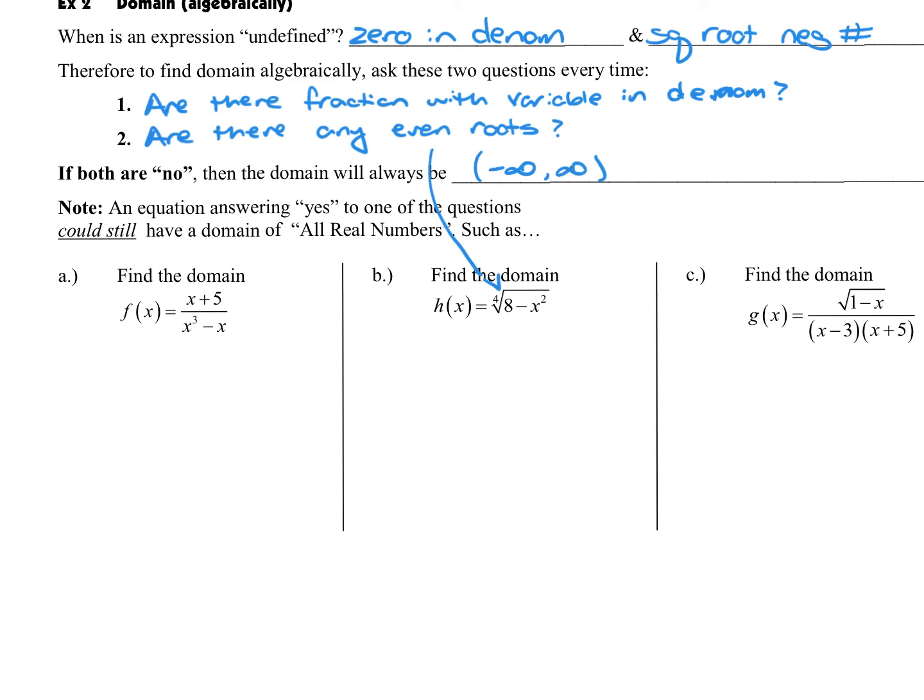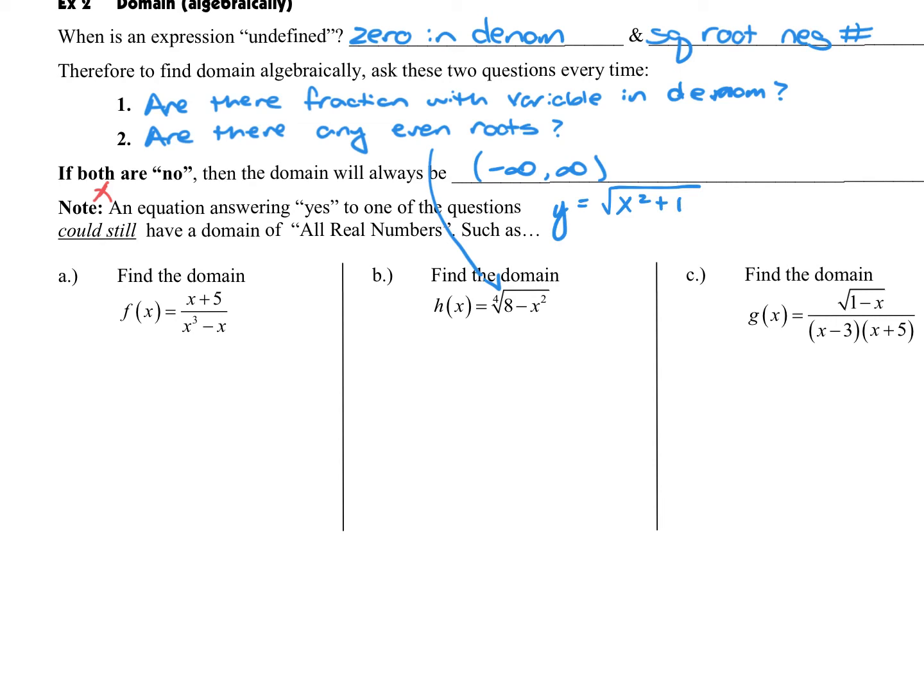Now, the catch is that it's possible for a problem to have one of these apply, and it still have a domain of all real numbers. An example of that could look like this: y equals the square root of x squared plus 1.